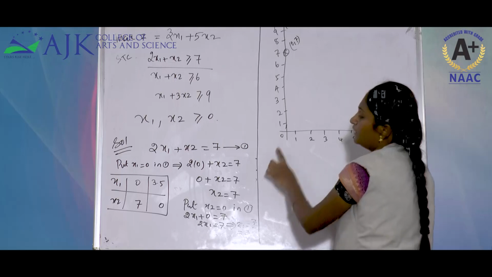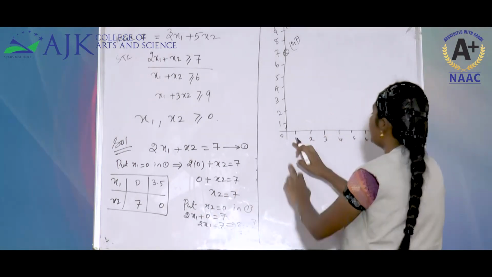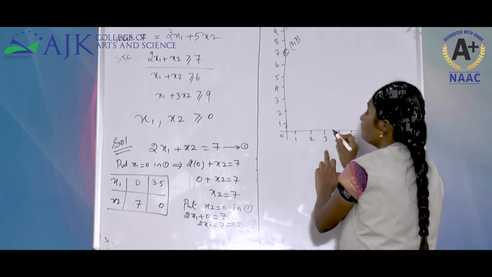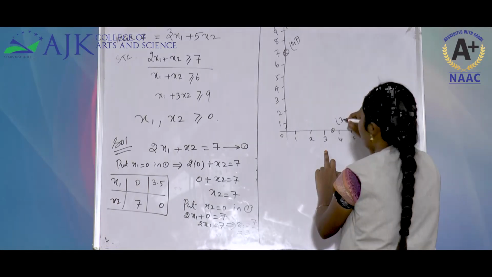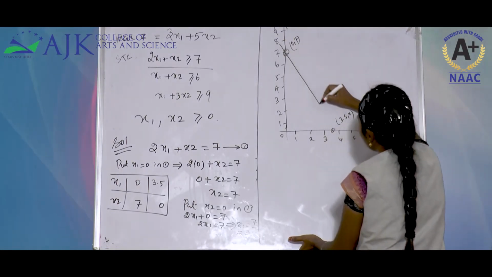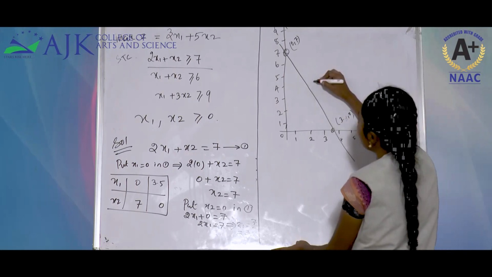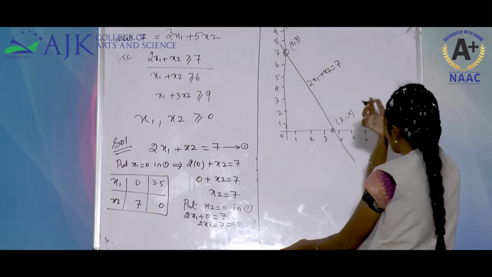Next, in the x1 axis 3.5, in the x2 axis 0. So 3.5, 0. Join these points and write the line 2x1 plus x2 is equal to 7.